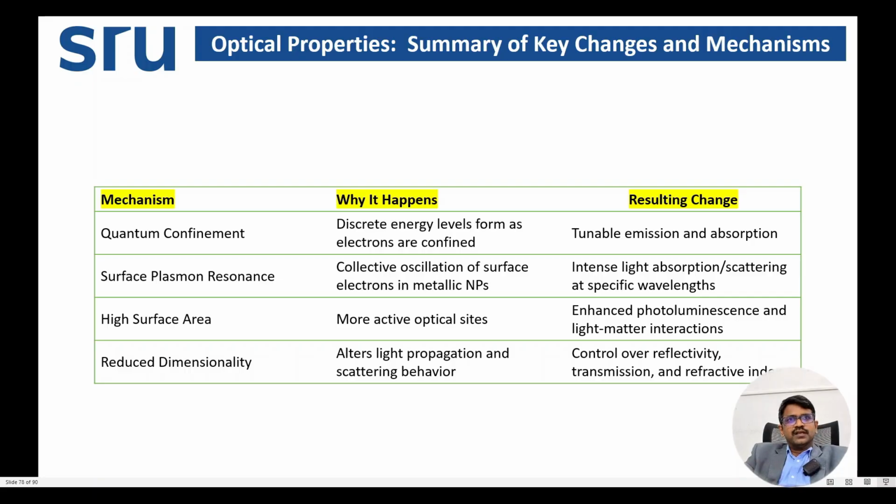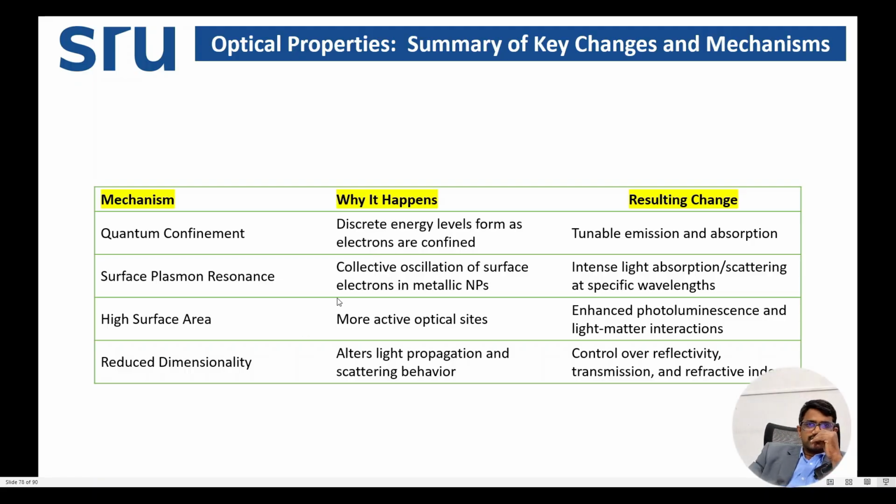Then optical properties. What are the key changes and mechanisms? Mechanism: quantum confinement. Why does it happen? Discrete energy levels form as electrons are confined.